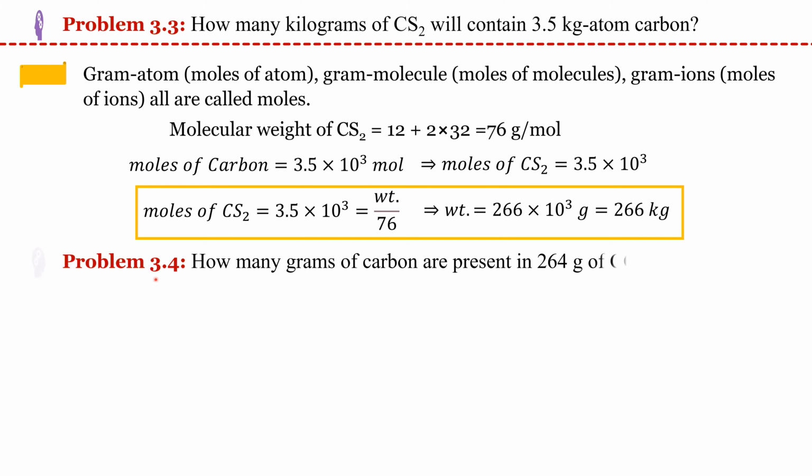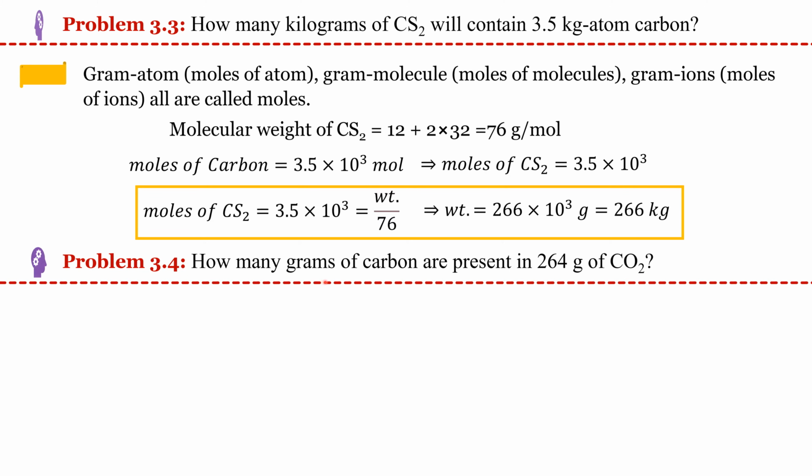Now problem number 3.4. How many grams of carbon are present in 264 gram of CO2? First write the molecular weight of carbon dioxide. It will come out as 44 gram. Now we know the molecular weight of carbon is 12. It means in 44 gram of CO2, the weight of carbon is 12 gram.